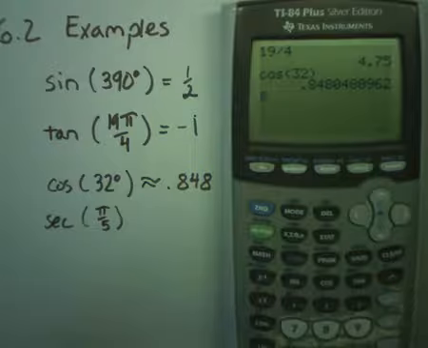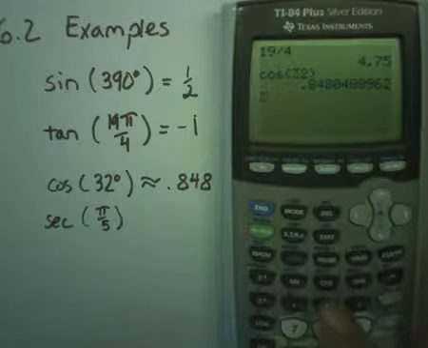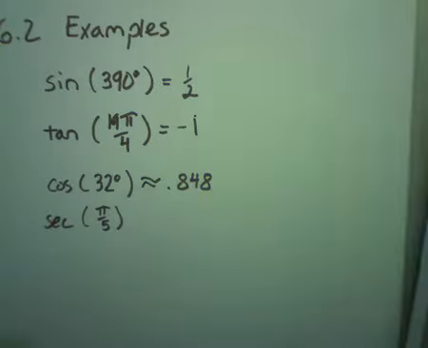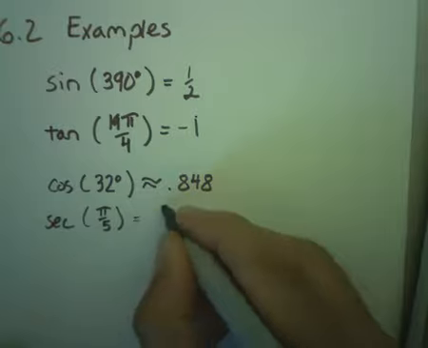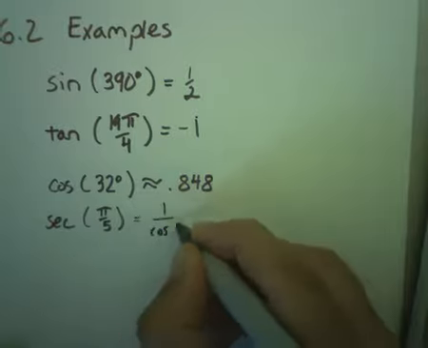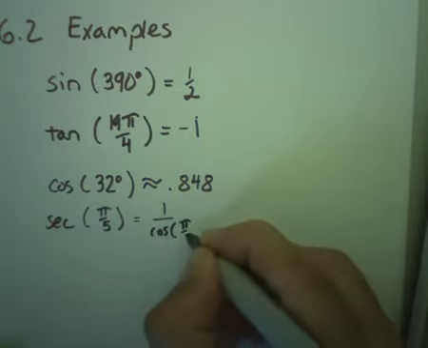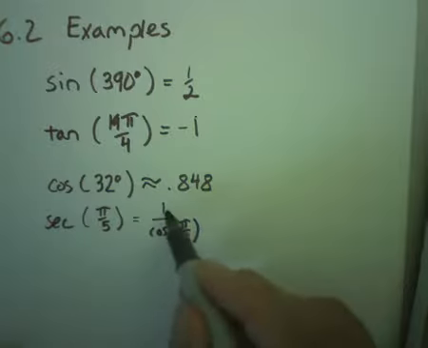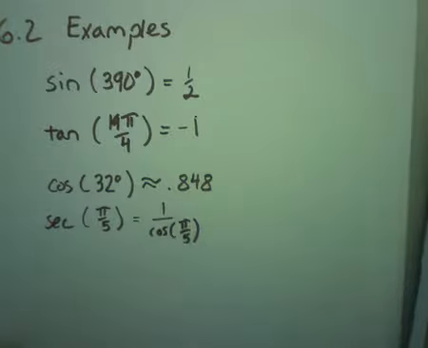But hopefully you remember from earlier that secant is 1 over cosine. So if we want secant of pi over 5, that will be the same thing as 1 over cosine of pi over 5. I should be a little more clear. Say secant is 1 over x, and cosine gives the x coordinate.